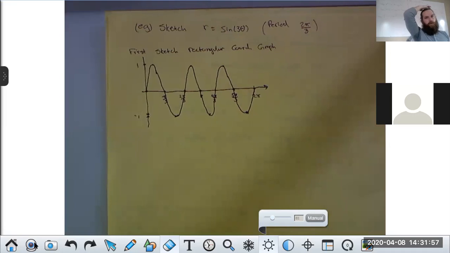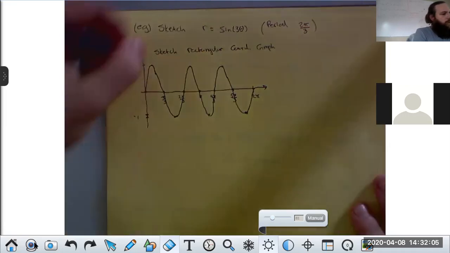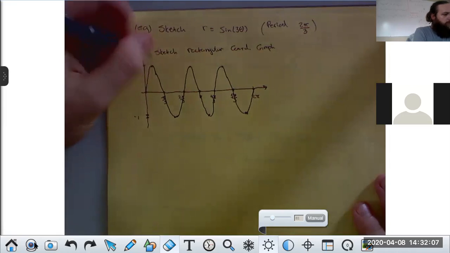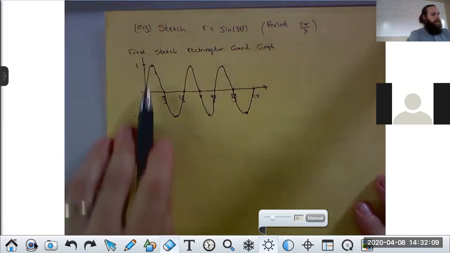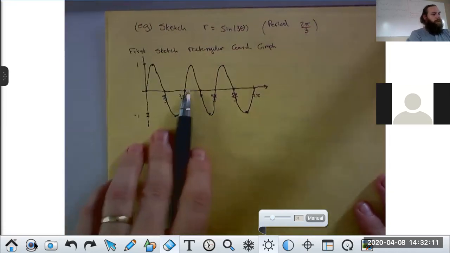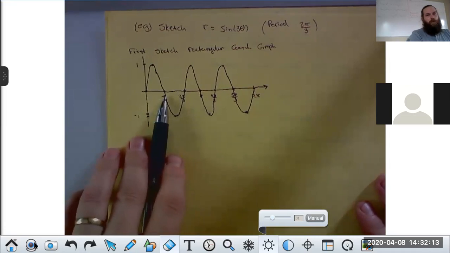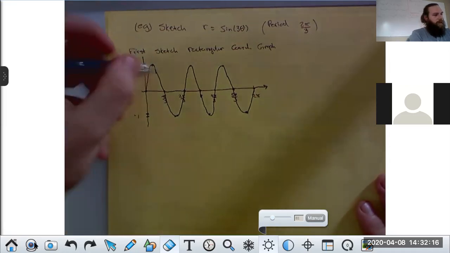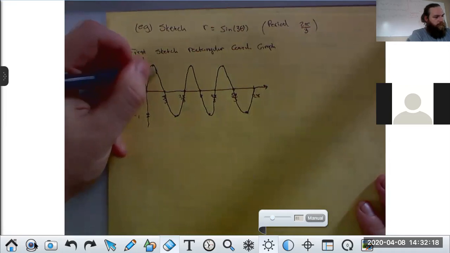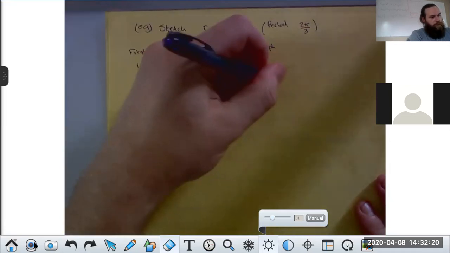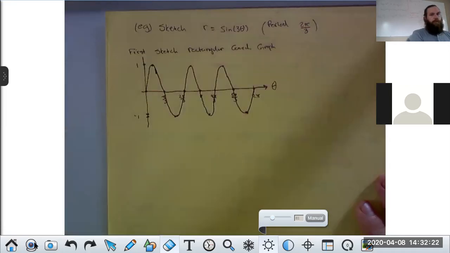And just like on my cosine graph, I want to identify all those important points. I want to know anytime I go through equilibrium, anytime I hit a max, anytime I hit a min. This first max, so the period is 2 pi over 3, which means a half period is 1 pi over 3, so that's this x-intercept. So what does that make the theta coordinate, the horizontal coordinate of that first max?